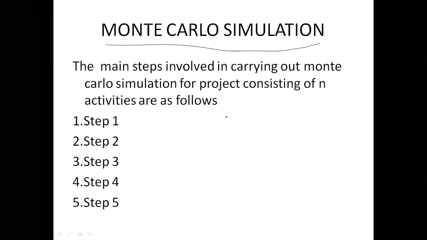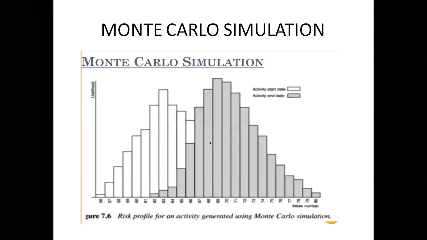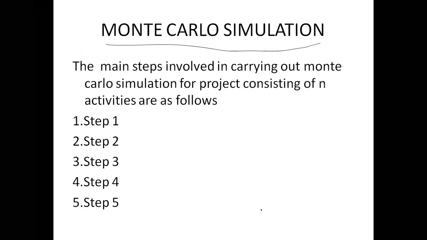As shown in this figure, this is how we represent results in Monte Carlo simulation. Monte Carlo is a general analysis technique used to solve any problem which is complex and involves uncertain parameters. Monte Carlo simulation involves repeated random sampling to compute the result.